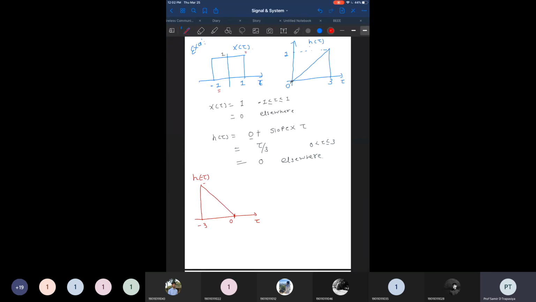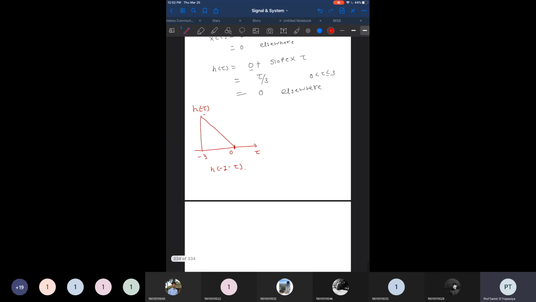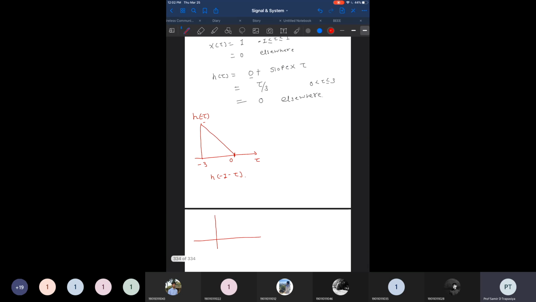And if we shift to the left side, how many points do we need to shift? -1 point. So the signal becomes h of -1 minus tau, right? The signal becomes h of -1 minus tau, and then after this it becomes like this. I think I need to redraw it.